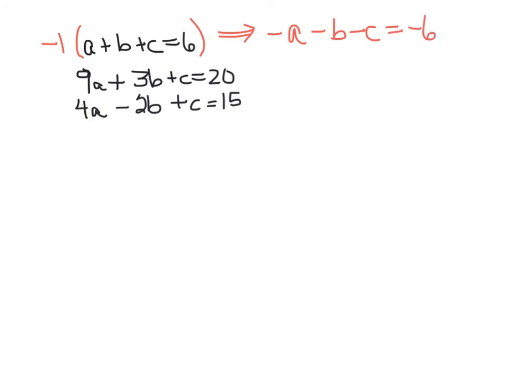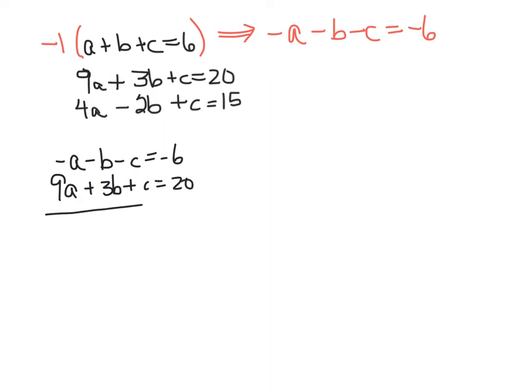Now I'm going to go ahead and add that equation, negative a minus b minus c equals negative 6, to the second equation, 9a plus 3b plus c equals 20. Adding together my like terms, I've got 8a plus 2b equals 14 because the c's canceled.